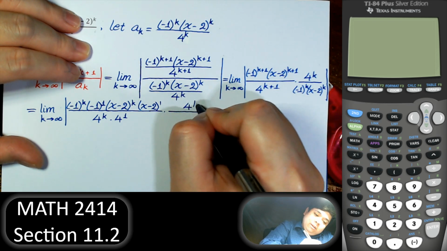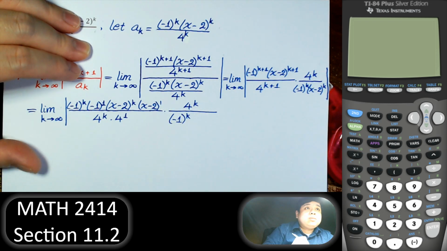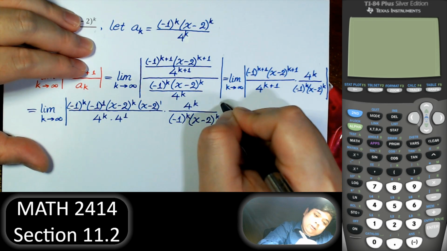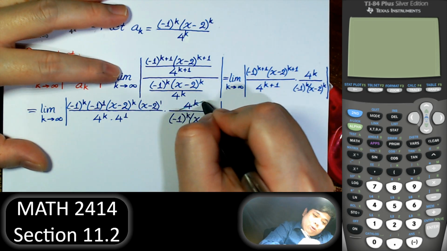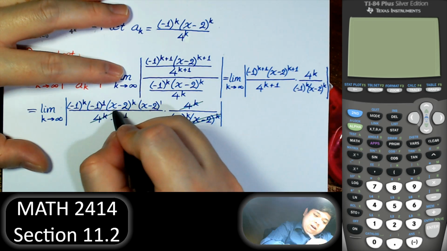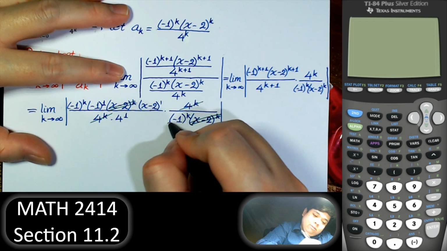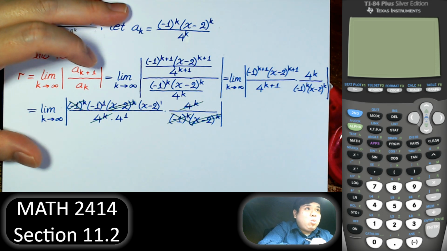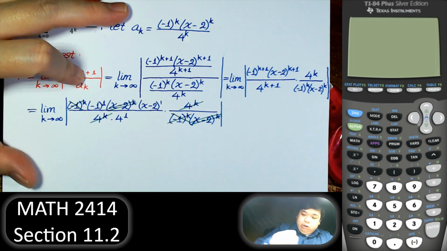There's a lot to simplify. What else? Oh, negative 1 to the k. So that's what's left: negative 1 times x minus 2 over 4.